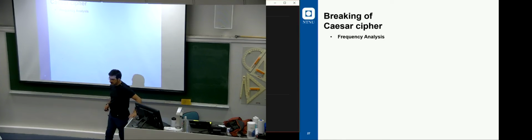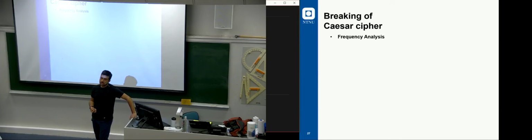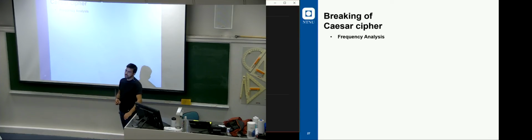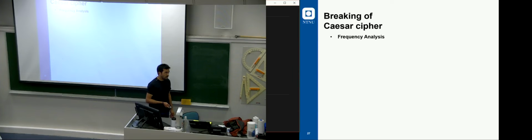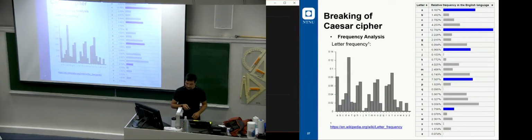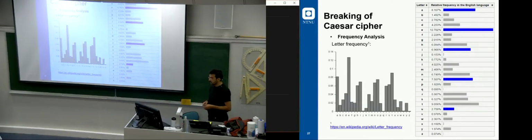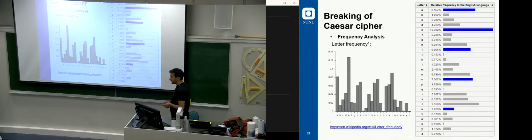We already know which characters are used mostly in English, as we have them here. Using this analysis, or what we call letter frequency, we can break this Caesar cipher.